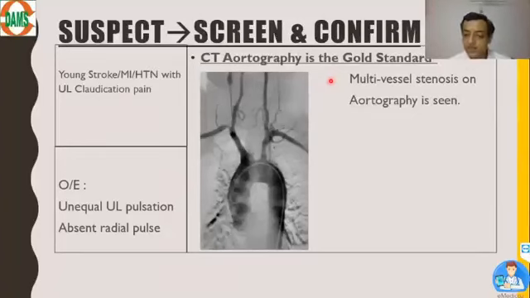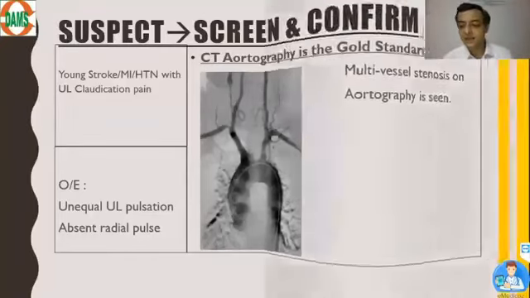Gold standard means confirmatory of the disease. Pulmonary artery can be rarely involved, in 10% of the cases. Okay, so this is what we want to see on examination. OE means on examination.